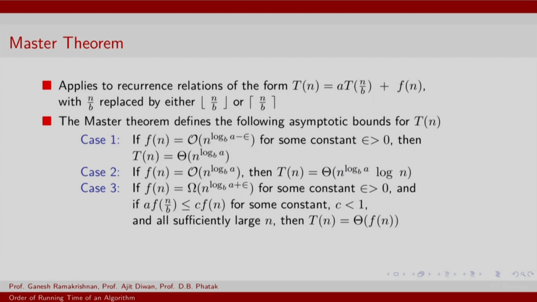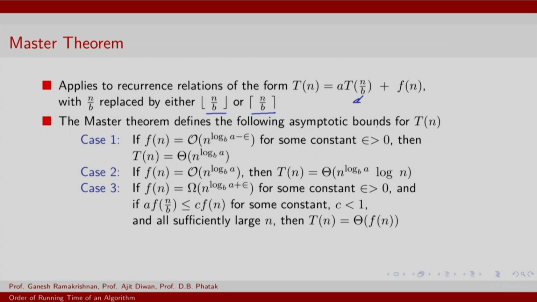So what is the master theorem? Let us say T(n) is a times T(n/b) plus f(n). Now this n/b here could be replaced with either the floor or its ceiling, and the master theorem provides the following asymptotic bounds for T(n).